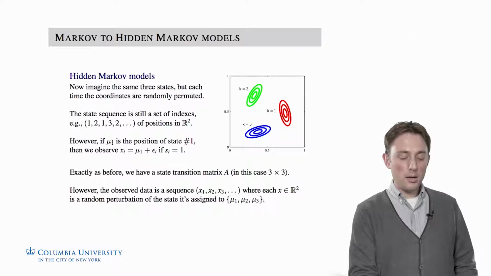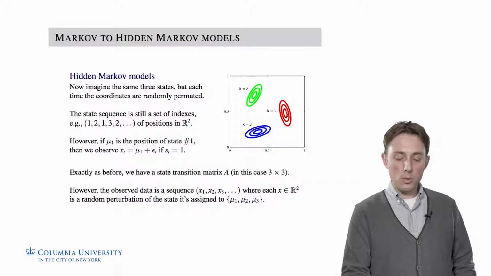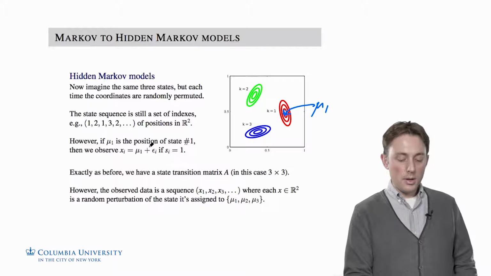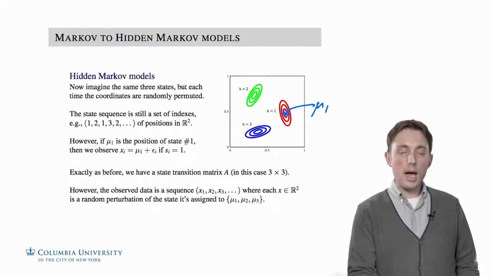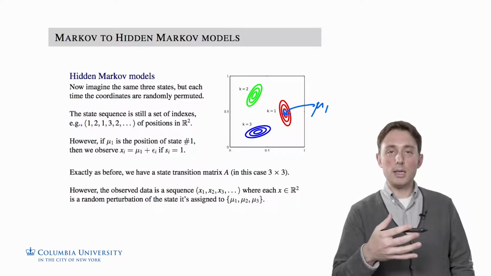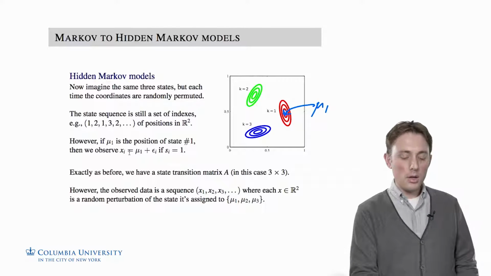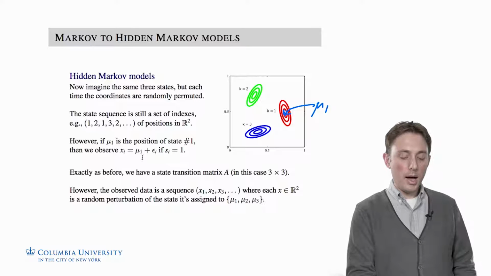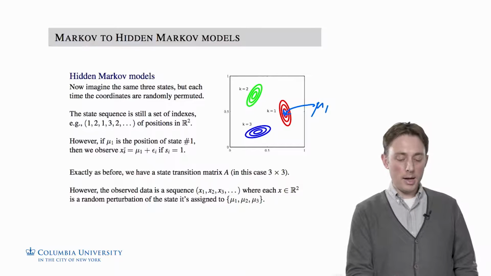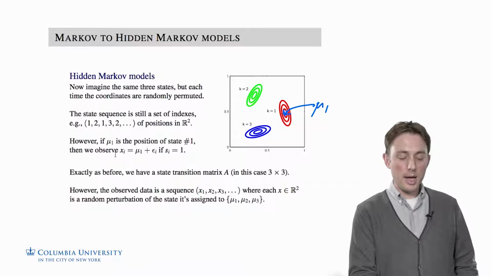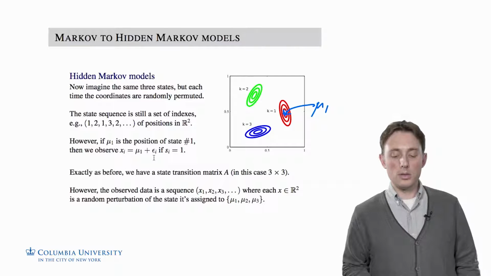However, if we now let mu1 be the position of state 1, so mu1 corresponds to this point here, then what we get to observe is not mu1, which would be the case of a Markov chain. What we get to observe at time i, if we're in state 1 at time i, is mu1 plus some noise, epsilon i. So we get to observe xi, which is mu1 plus some noise.